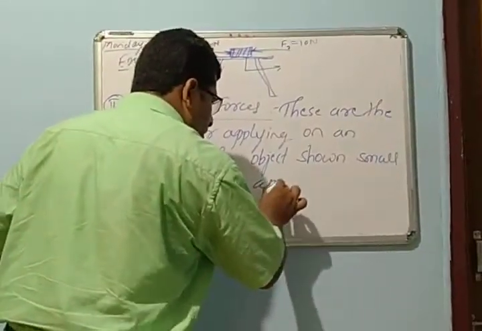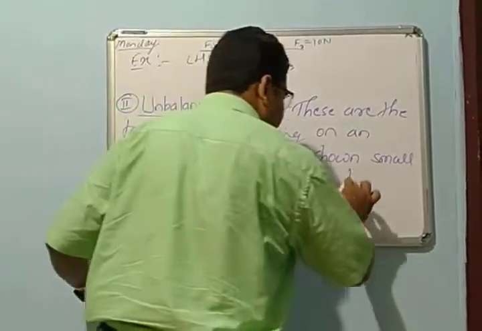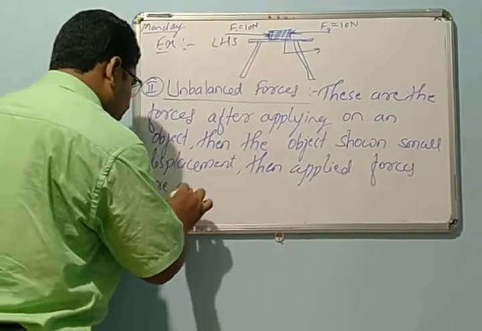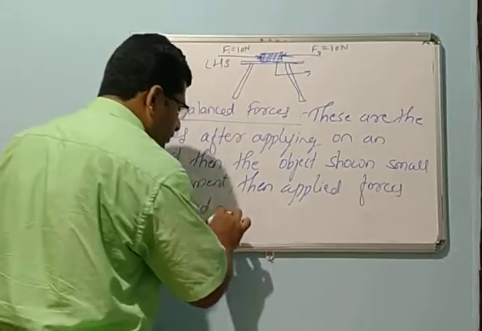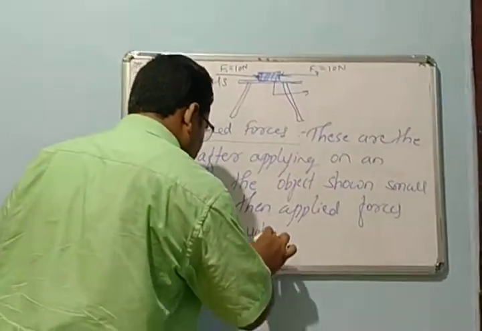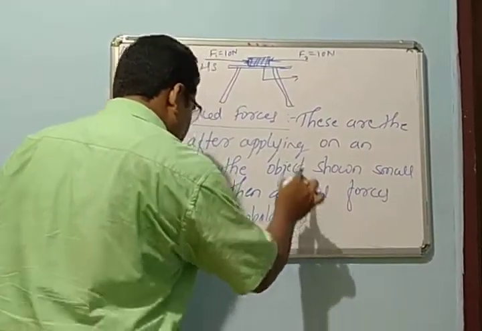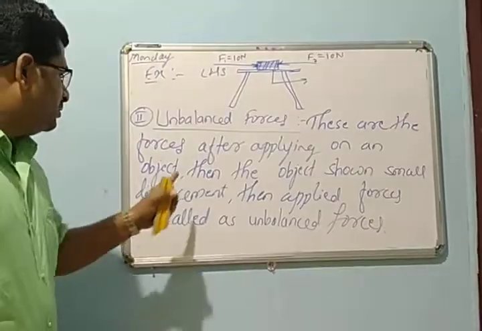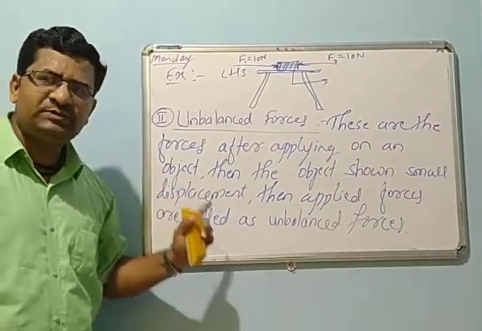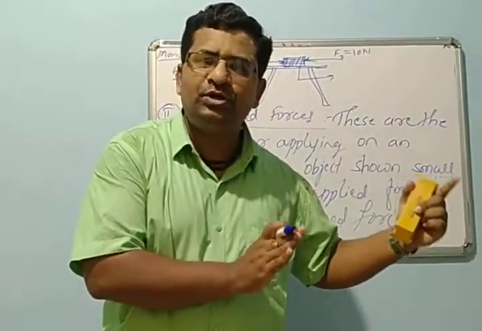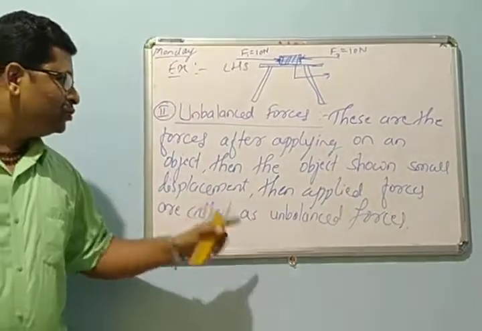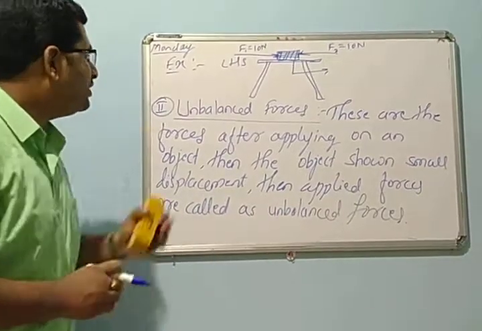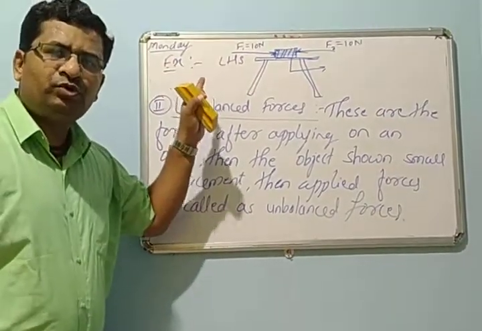Whenever the object has shown any displacement, any change in position or any change in shape, then the applied forces are called unbalanced forces. Let us go through one example.